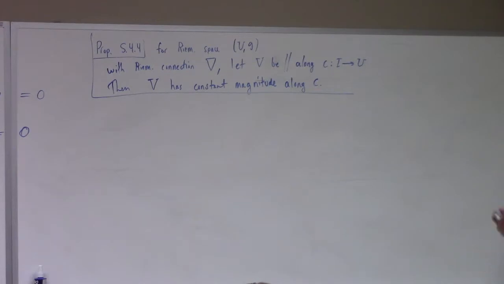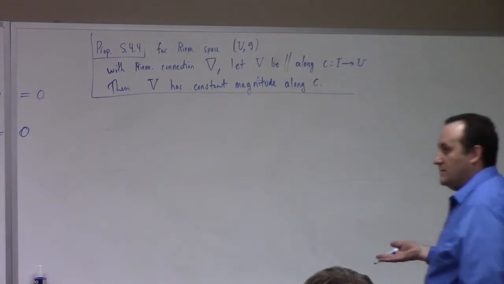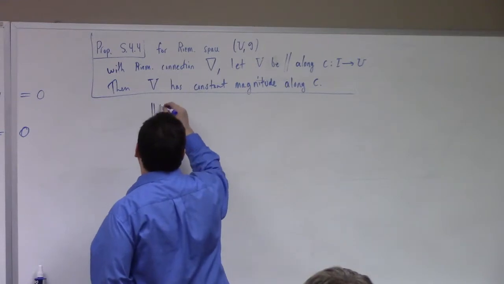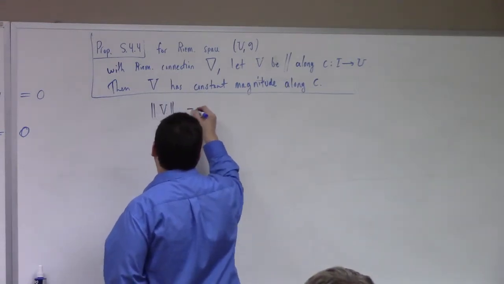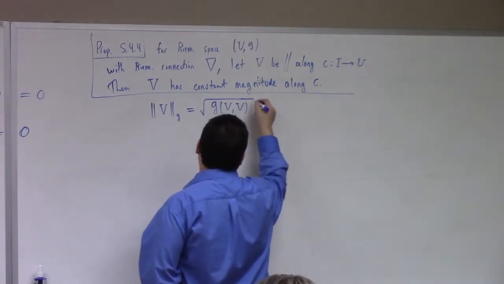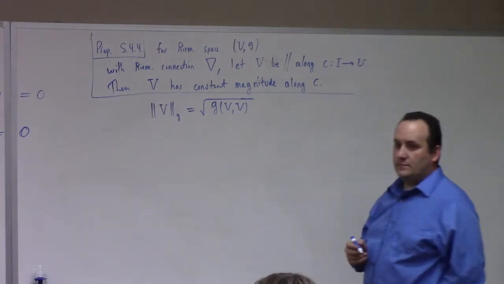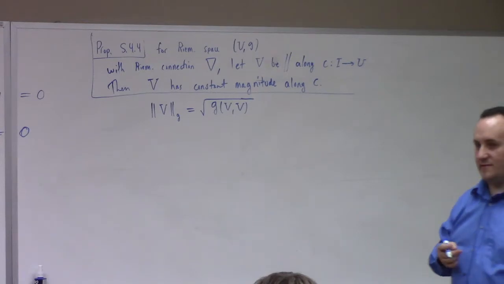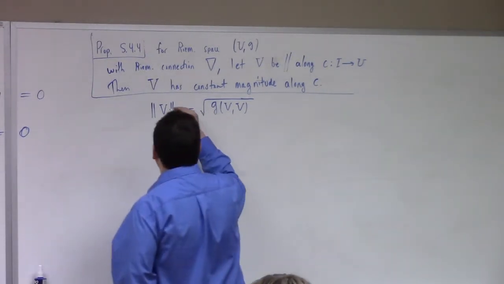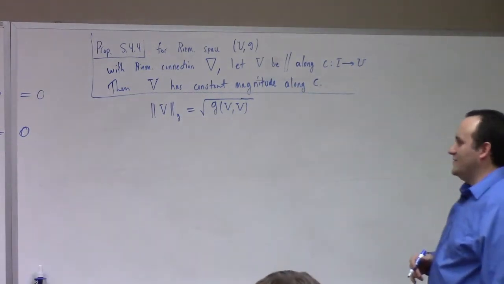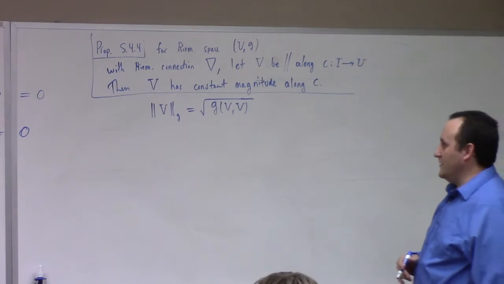Okay, so what would the formula for the magnitude be of a vector field here? How do you calculate the length of a vector with respect to the metric G? What's the length of V with respect to G? It's the square root, right, of G of V, V. So instead of looking at that, square it, right?